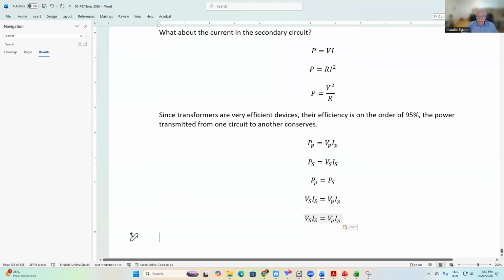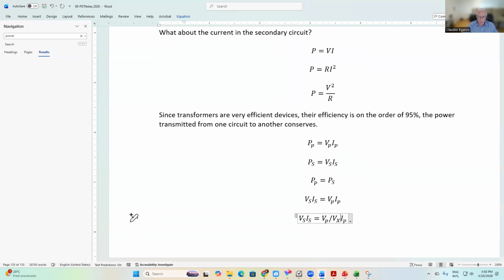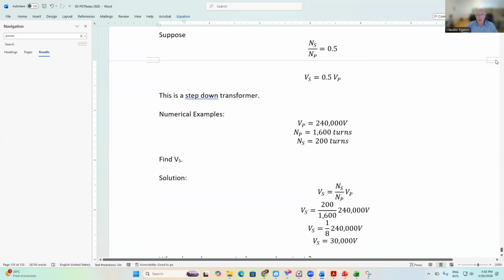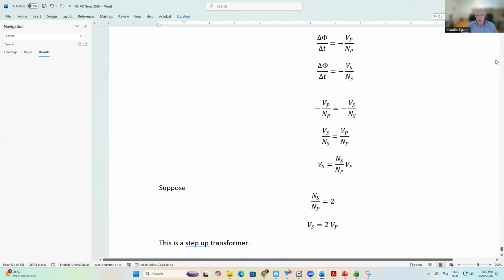So the current in the secondary circuit is going to be V in the primary divided by V in the secondary, and V in the primary over V in the secondary is NP over NS, right? So let me copy that.